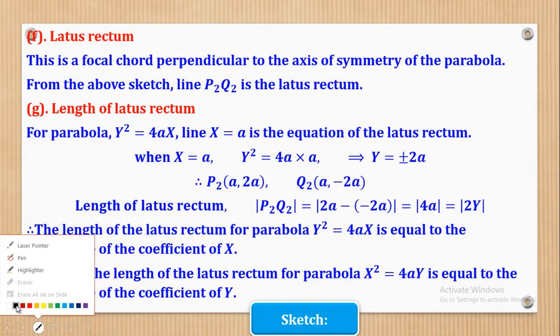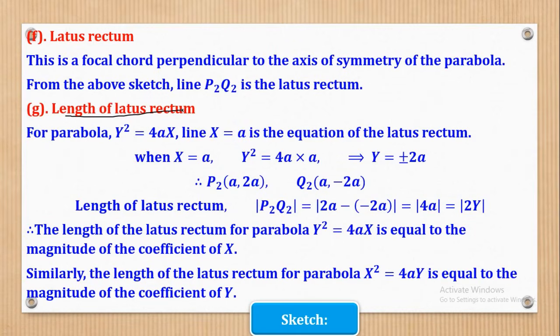Then now we shall go to the length of latus rectum. Remember, parabolas are of two shapes: when it is y which is squared and when it is x which is squared. So if it is y which is squared, the line x equal to a is the equation of the latus rectum.